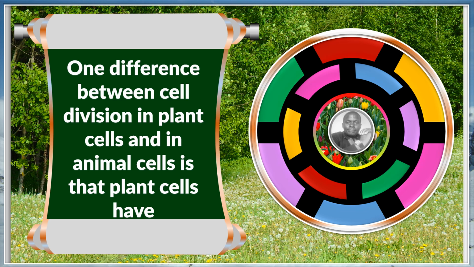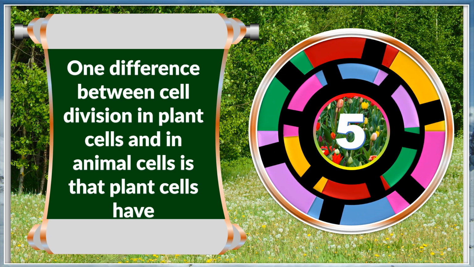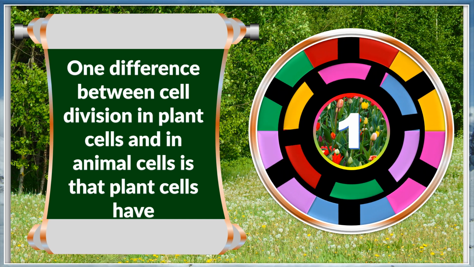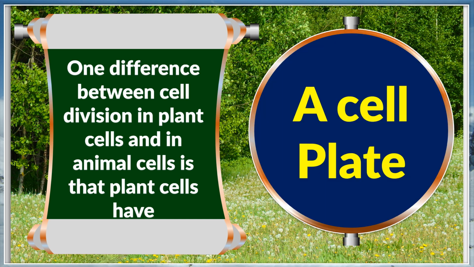One difference between cell division in plant cells and in animal cells is that plant cells have a cell plate.